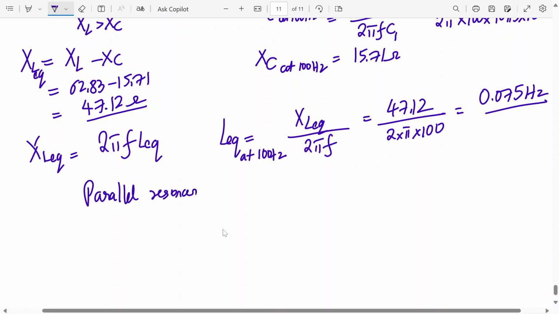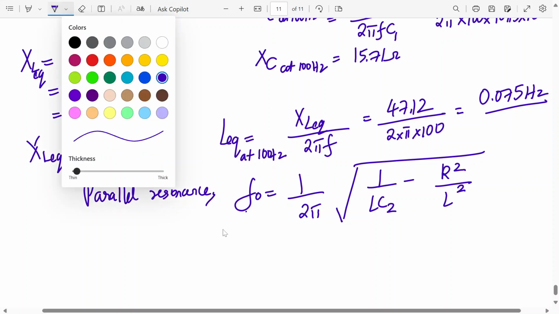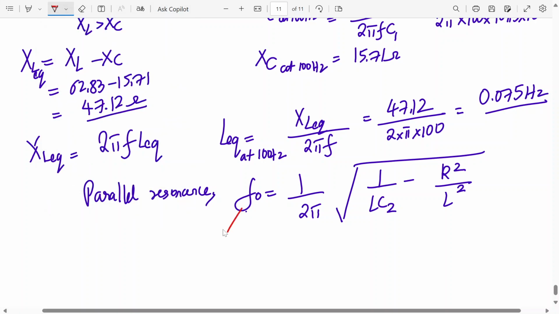Do you know the parallel resonance formula, F naught? 1 upon 2 pi square root of 1 upon LC minus R square upon L square. So this will be C2. Out of this, you know this is 100 hertz. How much is R?